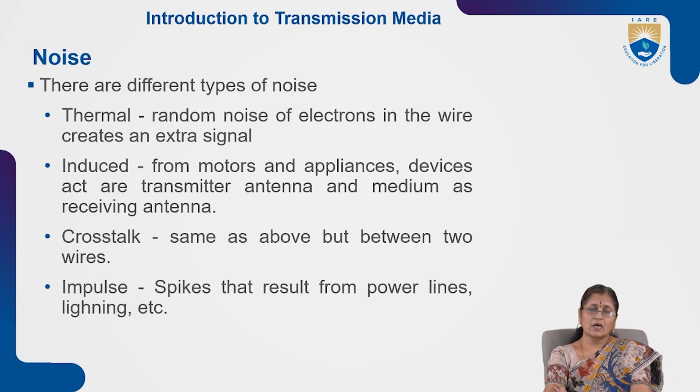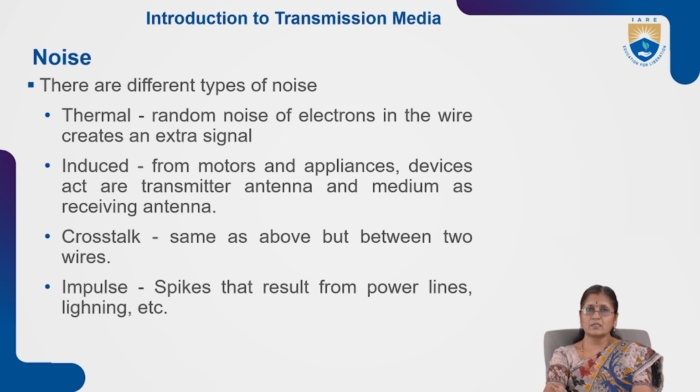Another one is crosstalk. Crosstalk is the same as the above. It is because of different appliances, motors, and devices, but it is between two wires. Crosstalk occurs at the sending end and receiving end.